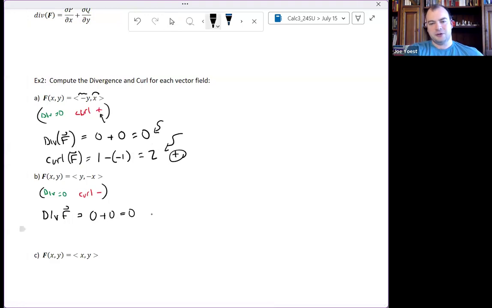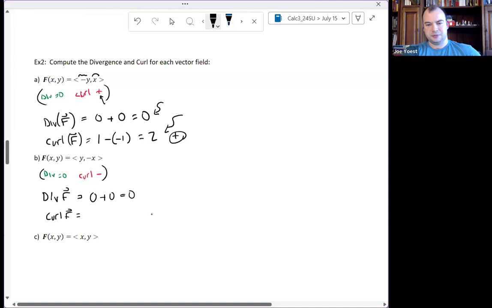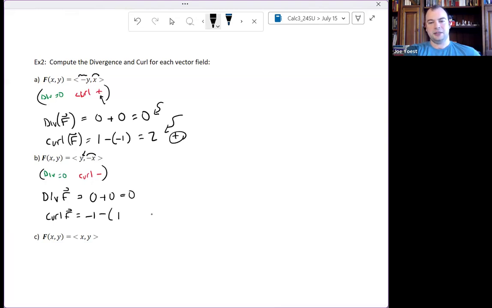And then again, the curl for part B. Curl F, well, again, that's from up here, dq dx, the derivative of this with respect to x is -1, minus dp dy. So minus a +1 is -2.